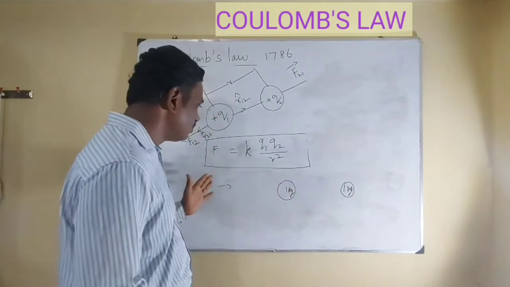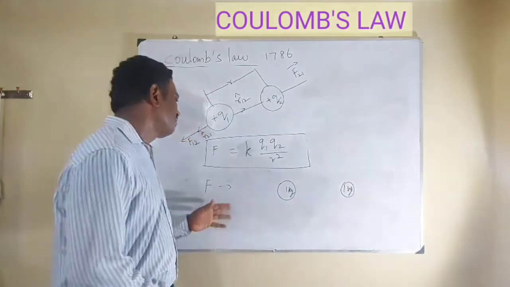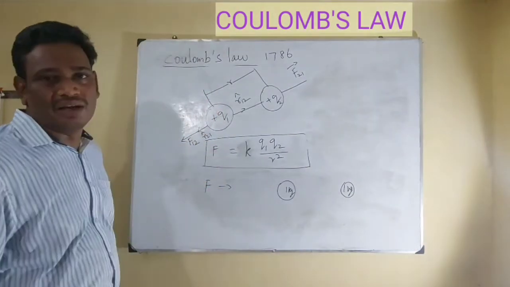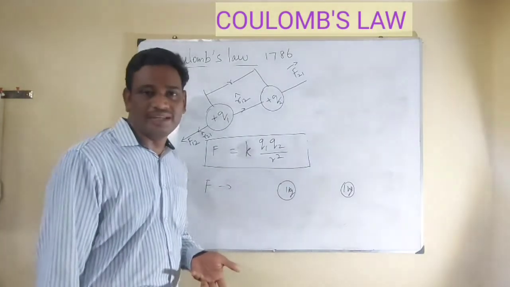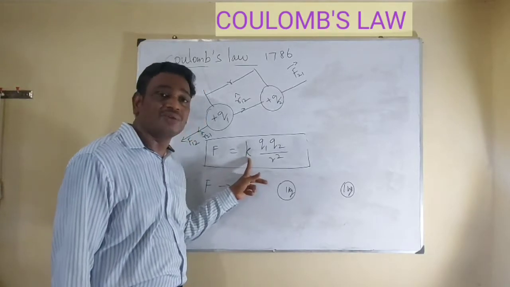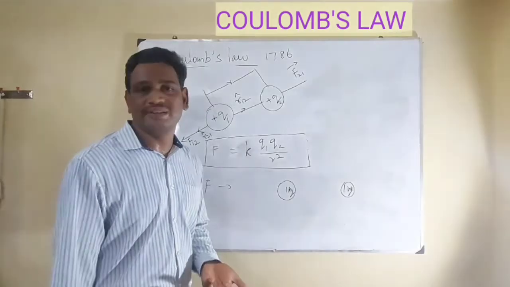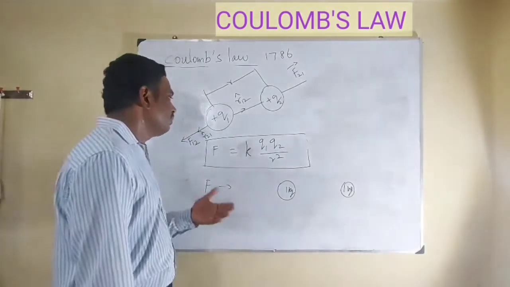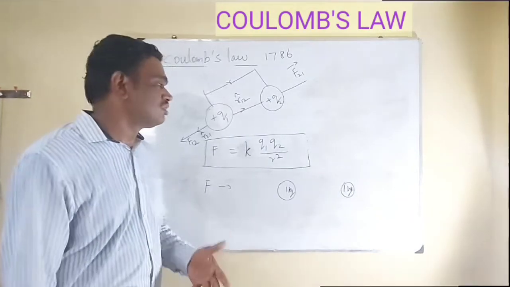So gravitational force is independent of the medium. But electrostatic force depends on the nature of the medium. So we know the value of the constant K is equal to 1 by 4 pi epsilon naught, where epsilon naught is the permittivity of the medium. So depending upon the medium, the electrostatic force will change.